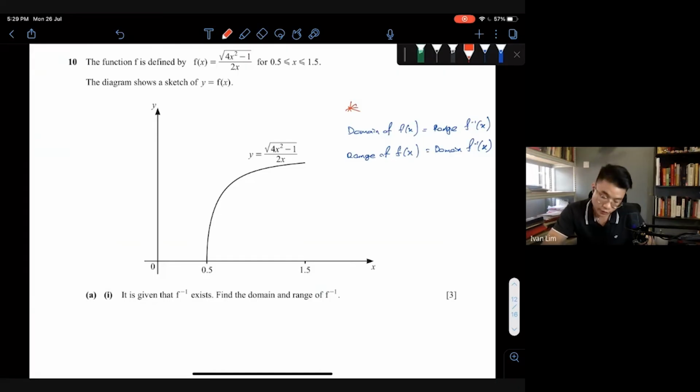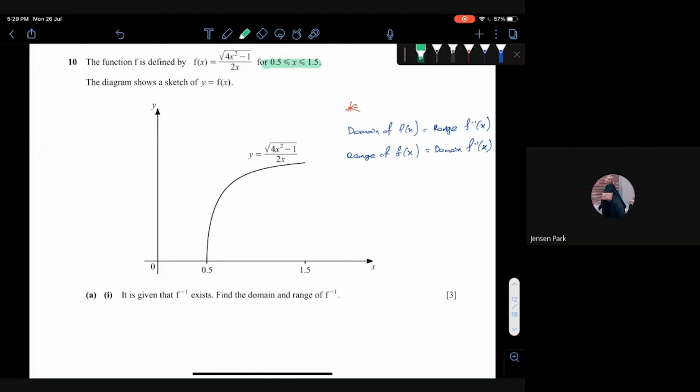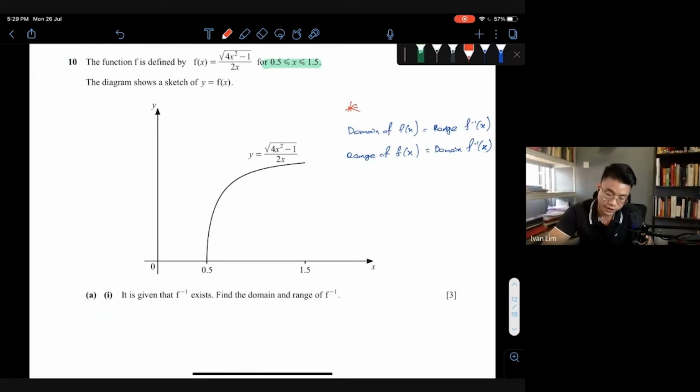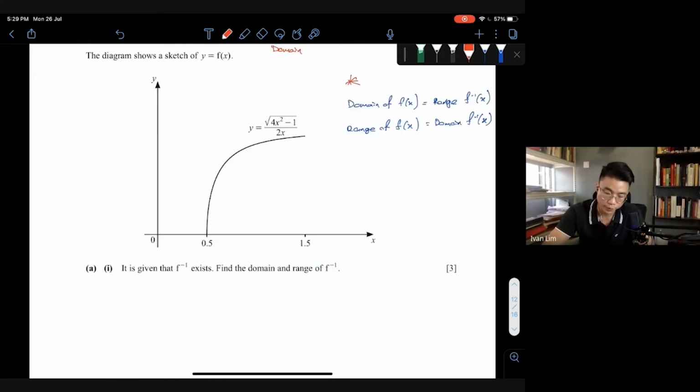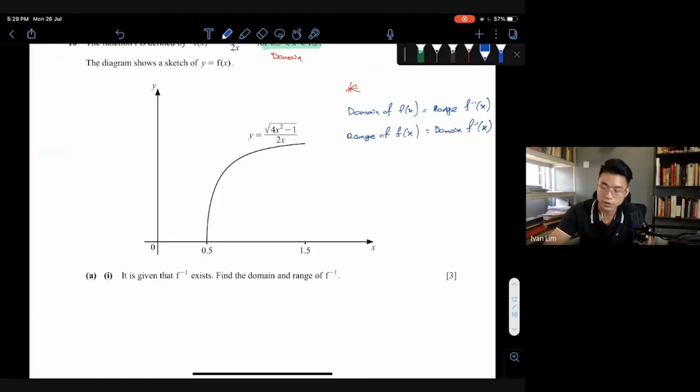Okay, they give us 0.5 to 1.5, right? That's your domain of f(x). So domain becomes range of f inverse x. So how do we write this?